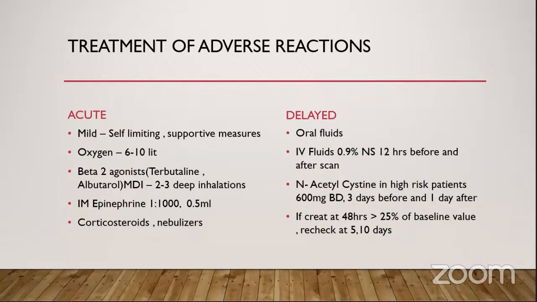And the management of adverse reactions: as the acute reactions can vary from mild to severe, mild adverse reactions are self-limiting and supportive measures will be enough to manage the patient.